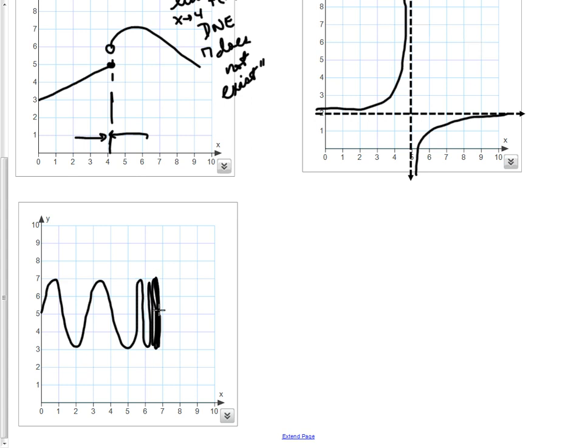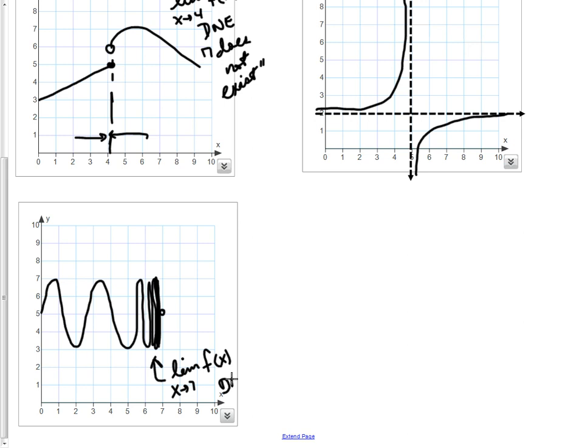They just kept oscillating between two values like this, even if the function was or was not defined at 7. We would say that the limit as x approaches 7 of f of x does not exist in this case.